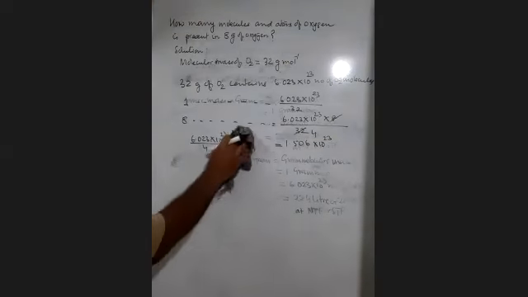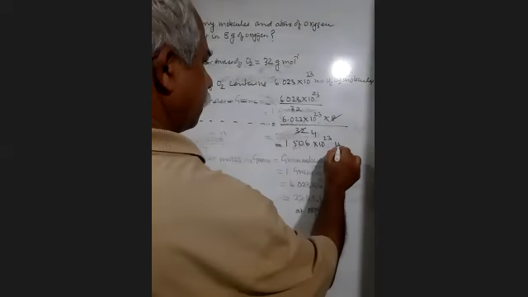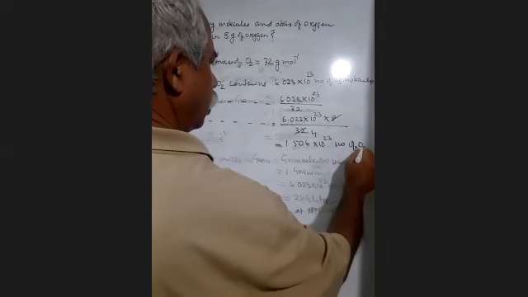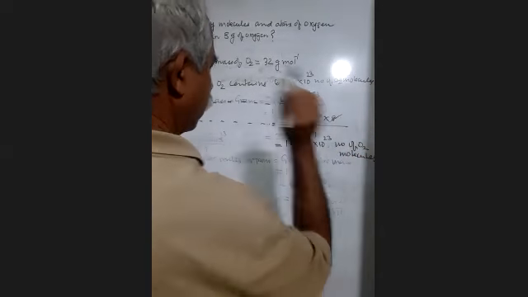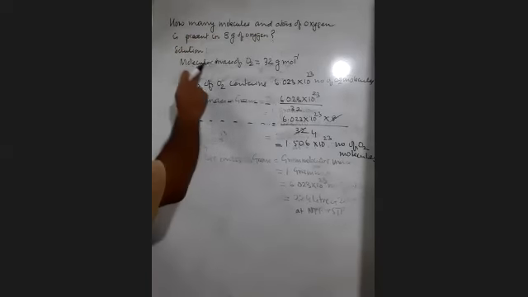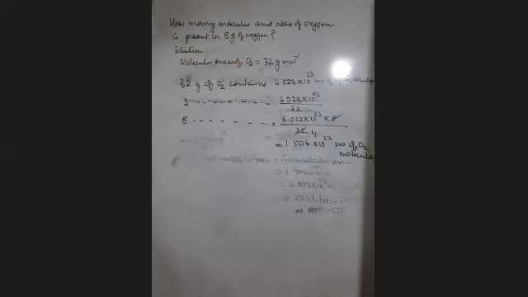All right, see now, this is the number of O2 molecules. Now, very interesting thing. What does it ask? Atoms. What is the atomicity? We know each oxygen molecule contains 2 atoms.